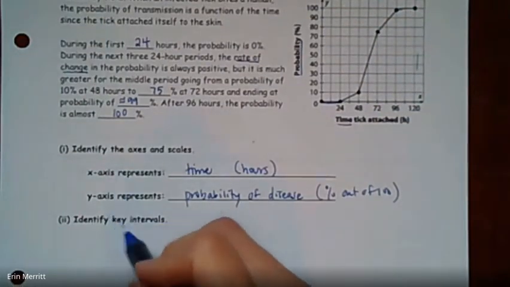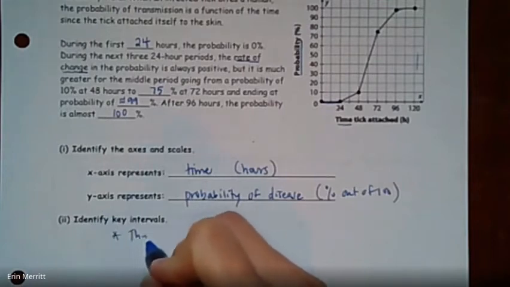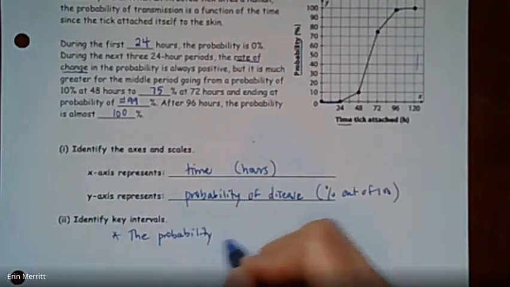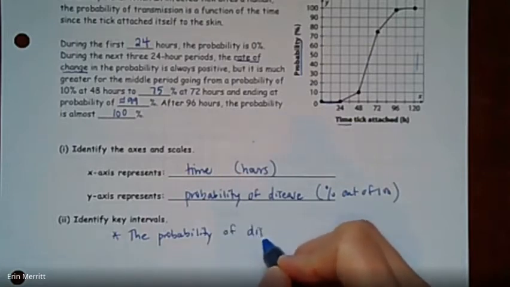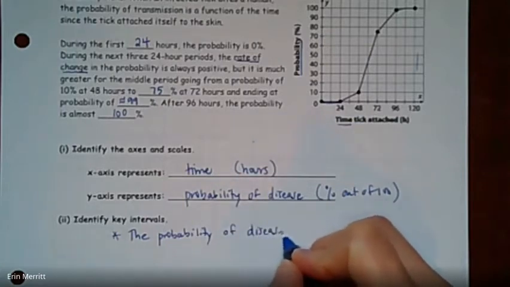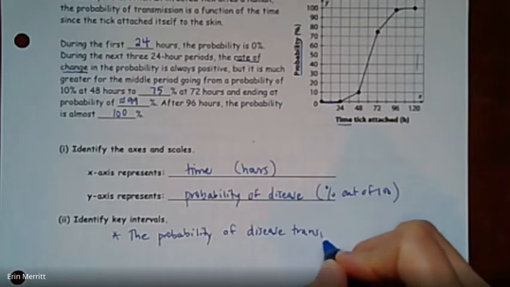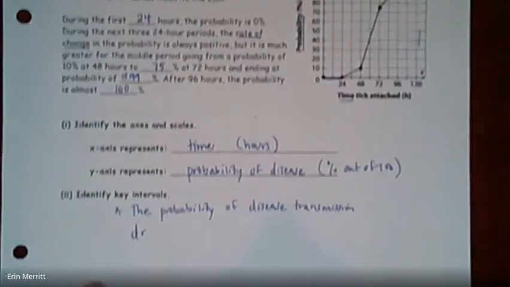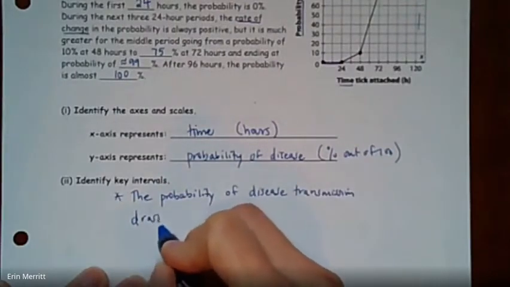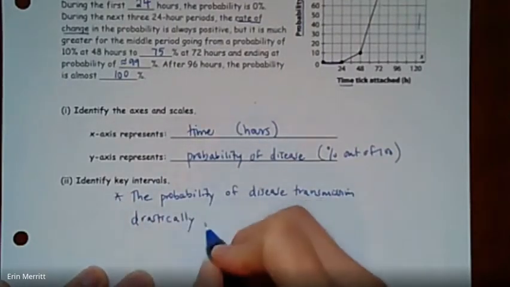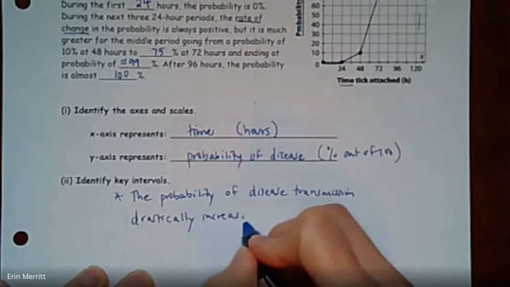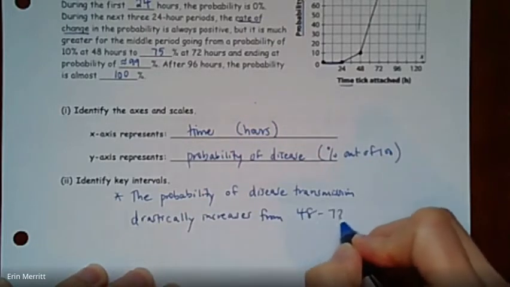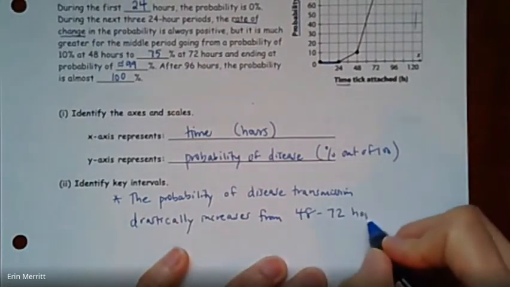So I think a key interval here would be that the probability of disease transmission, I'm going to be a little dramatic here, drastically increases from 48 to 72 hours.